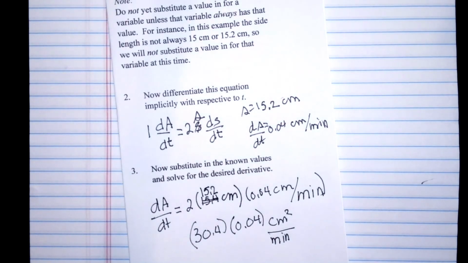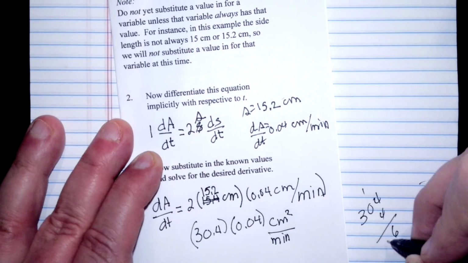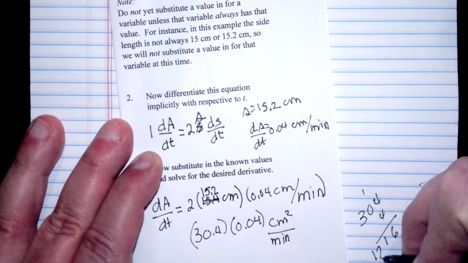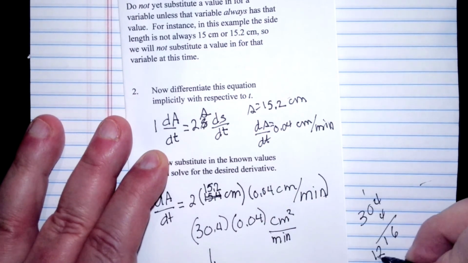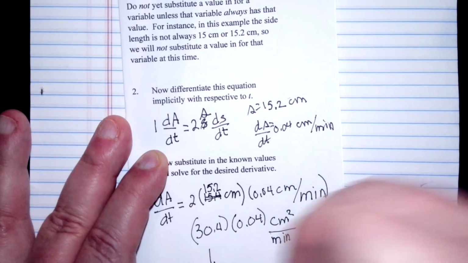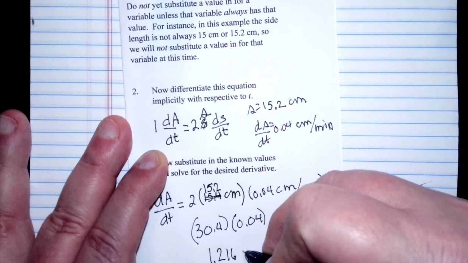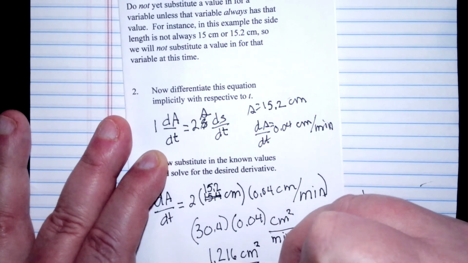I hope that makes sense to you, that we're talking about an area, and the area is going to be measured in square centimeters. Now we just need to multiply 30.4 by 0.04, and let's see, 304 and 4 is 16, 12. I believe that's 1.216 square centimeters per minute.